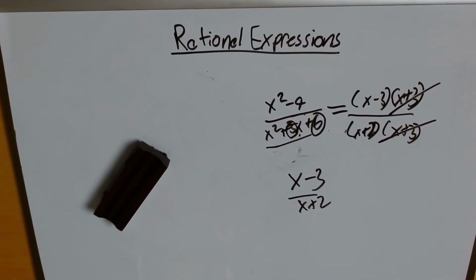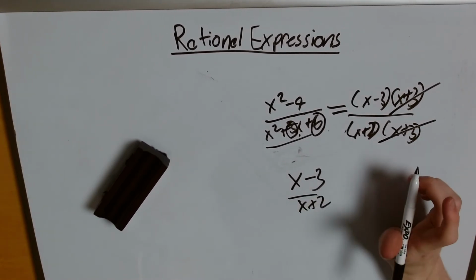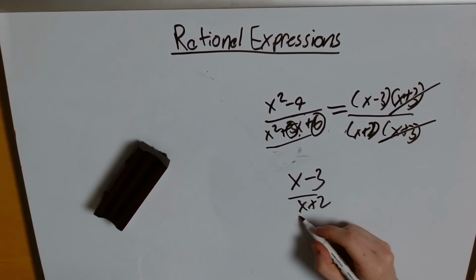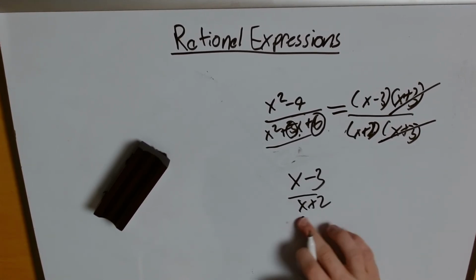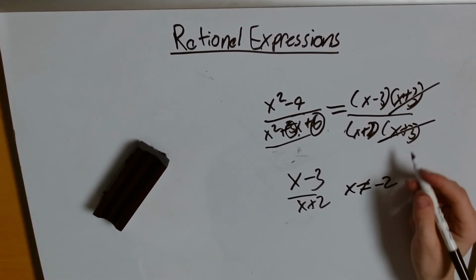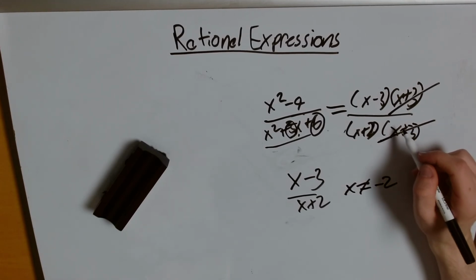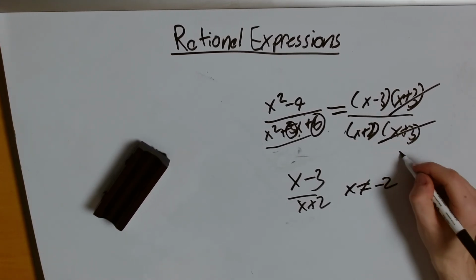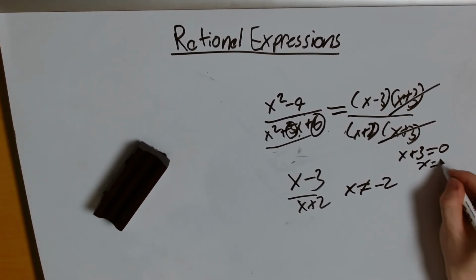Now, if I wanted to say, oh, where do I have no solutions? For what values? Well, I can say, obviously, if I plug in negative 2, I'll have 0 in my denominator, so x can't equal negative 2. But I also canceled this out, which means it's a hole. So I say, well, when does this equal 0? That's when x equals negative 3.